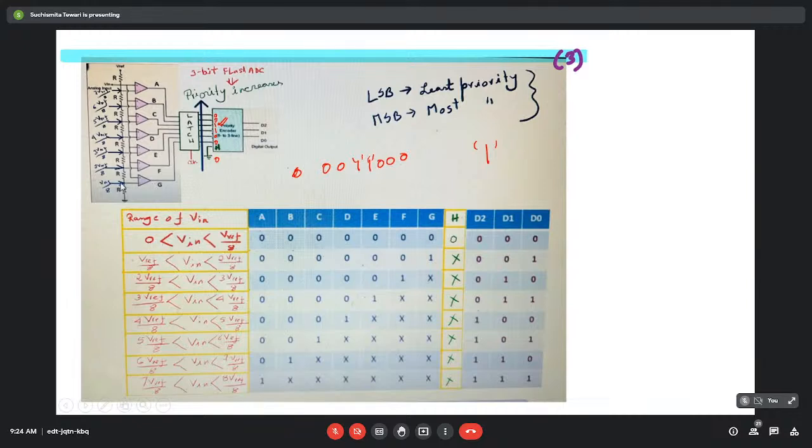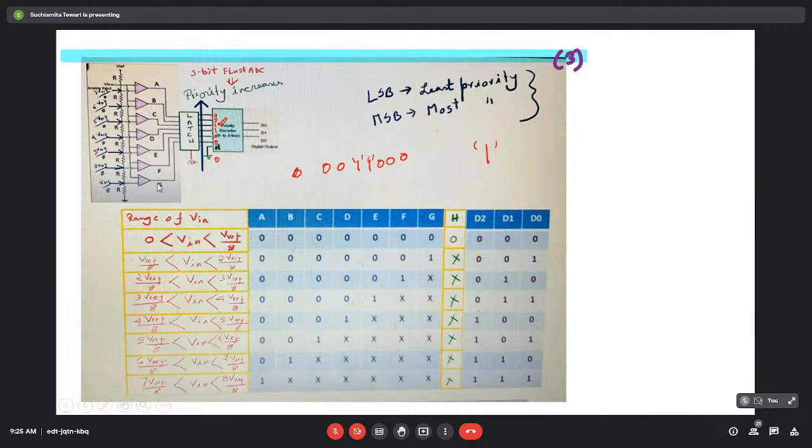V in is falling here. Now in the second comparator, it is being compared with 2V reference by 8. So basically it should be greater than V reference by 8 but less than 2V reference by 8. Once it crosses 2V reference by 8, the output of this will become 1.